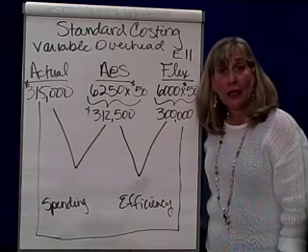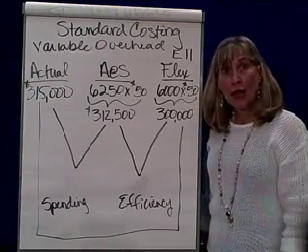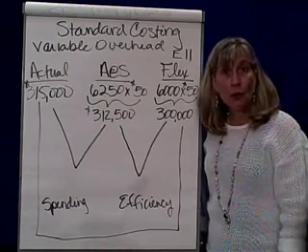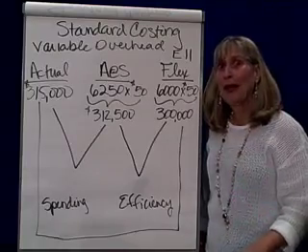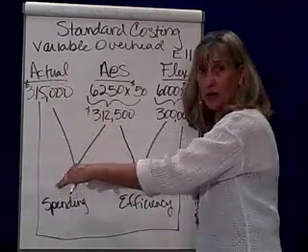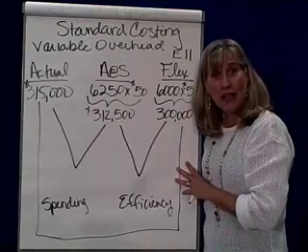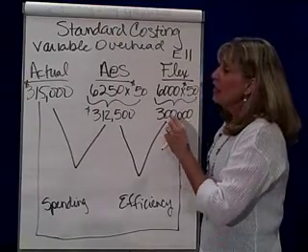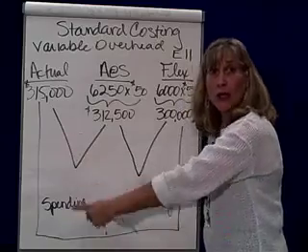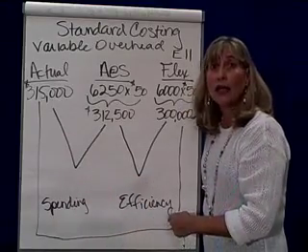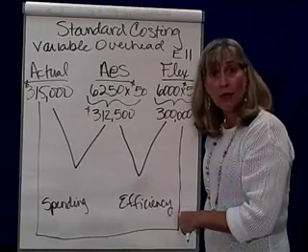Standard costing. So far we've looked at direct materials and direct labor, and you'll notice there's a pattern there. We have a column for the actual cost, we have a column on the other side of the page for the flexible cost, and then we compare it overall, and we come up with the overall either material variance or labor variance.